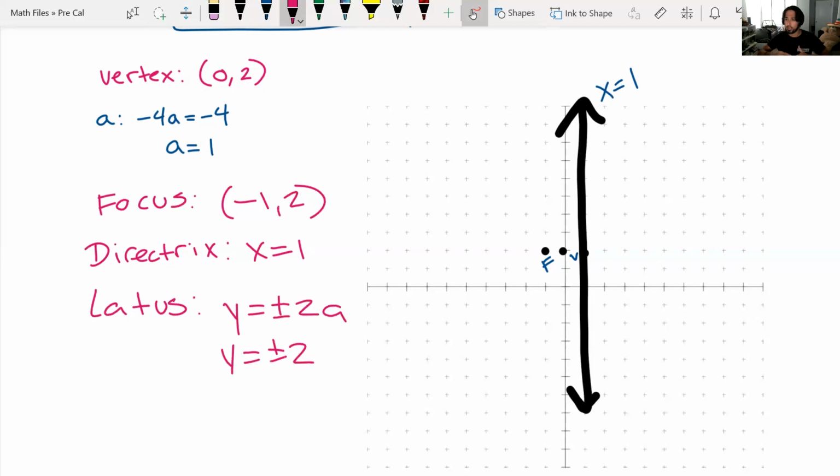So this means from the focus, we will go up 2, down 2. 1, 2, 1, 2. And there's our latus rectum. So let's put those points down. We will be at negative 1, 4 and negative 1, 0. Okay. Now let's go ahead and complete our parabola, and we're done.